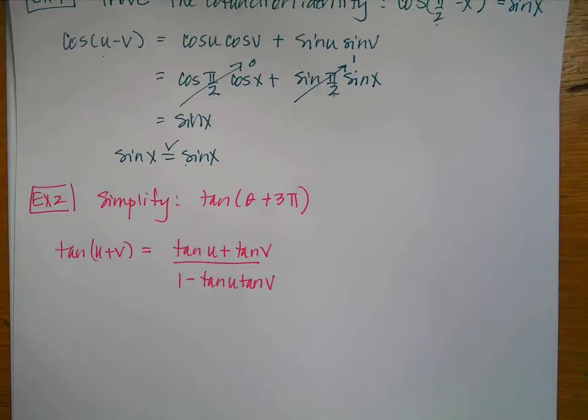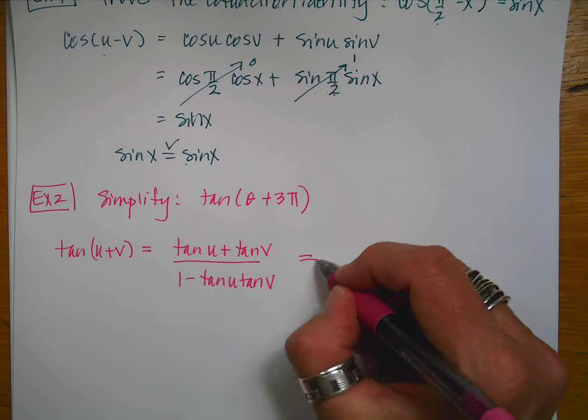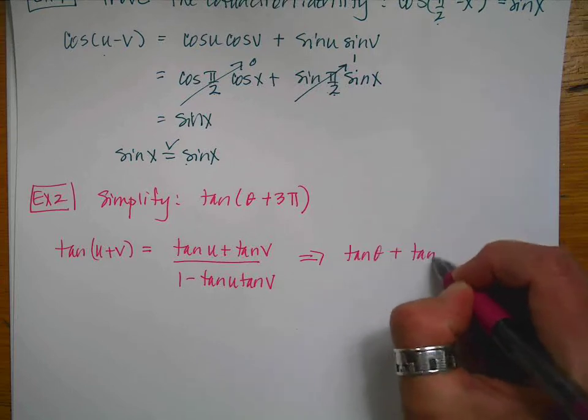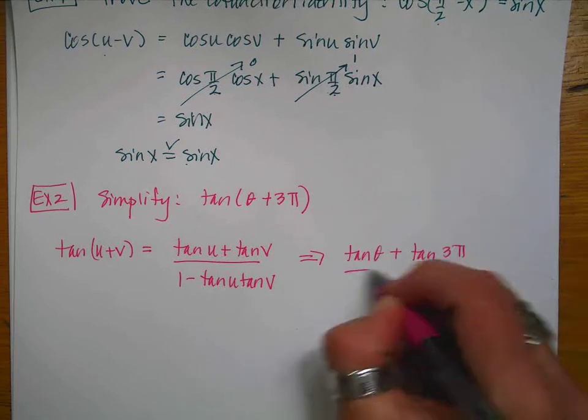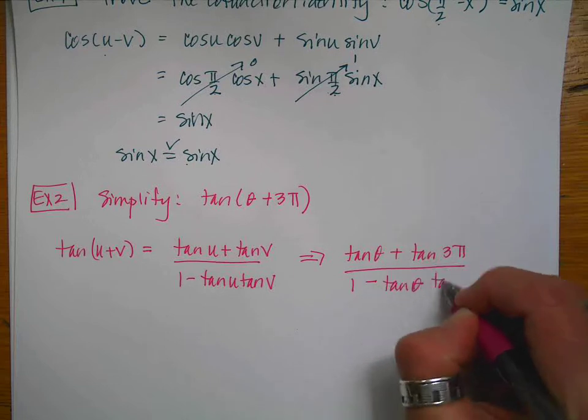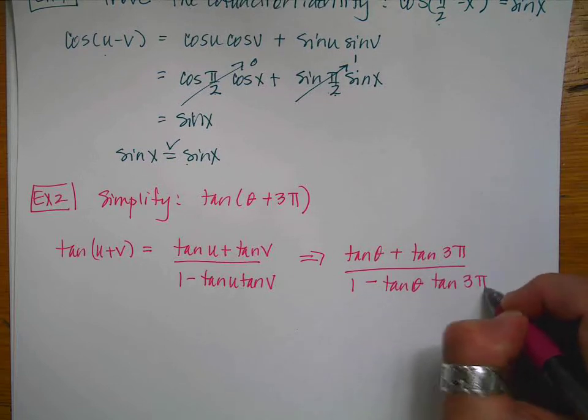So then the tangent of theta plus 3 pi is going to be the tangent of theta plus the tangent of 3 pi over 1 minus the tangent of theta and the tangent of 3 pi.